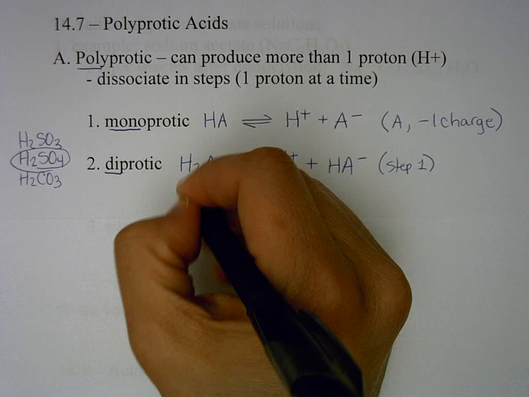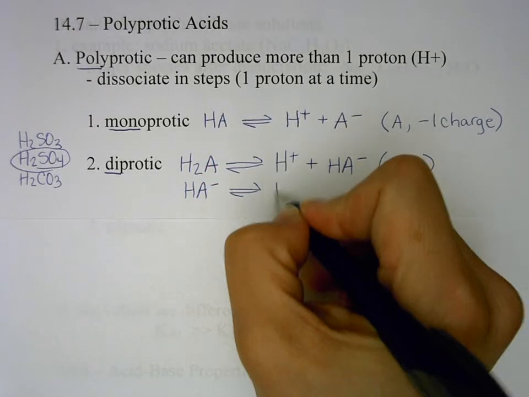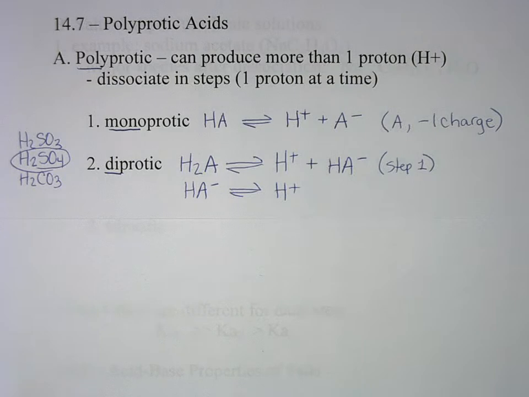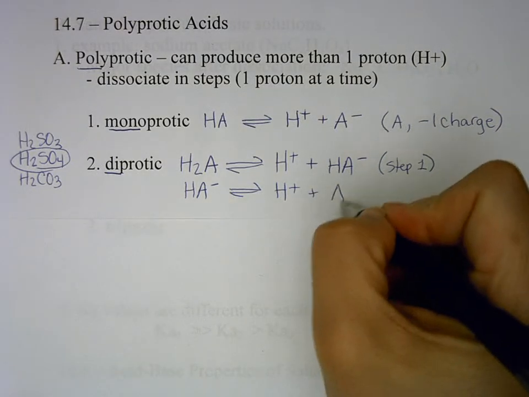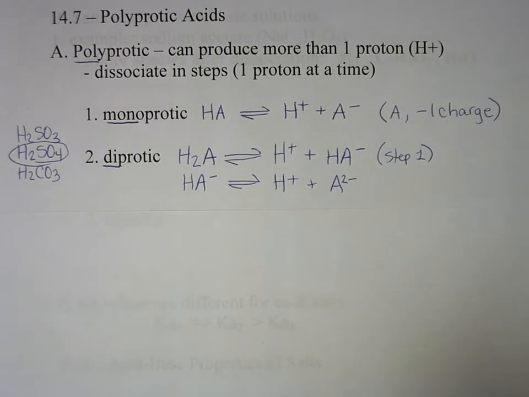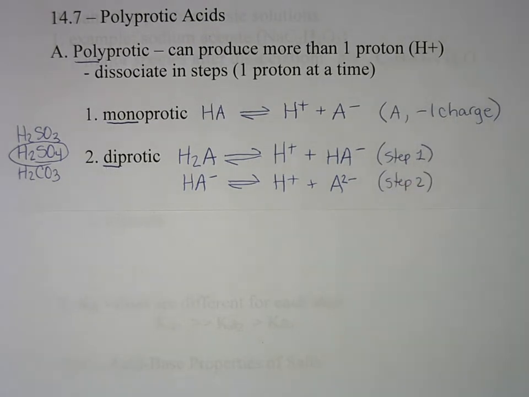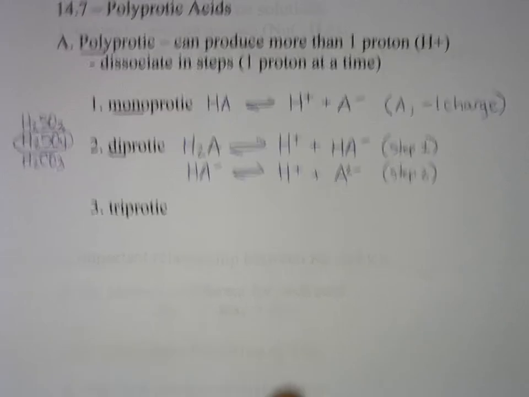Then the second step is that the HA dissociates into the other hydrogen and the anion with its -2 charge. That's step two. So it doesn't just have both hydrogens come apart all at once. Just one hydrogen comes off first, and then the dissociation continues.